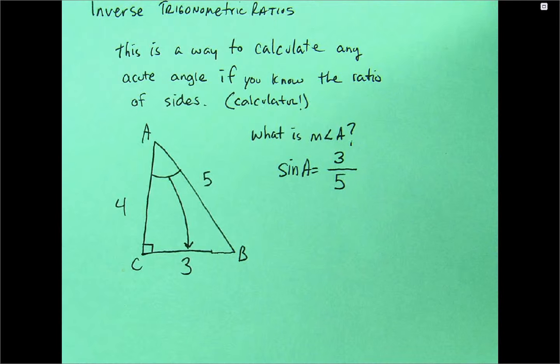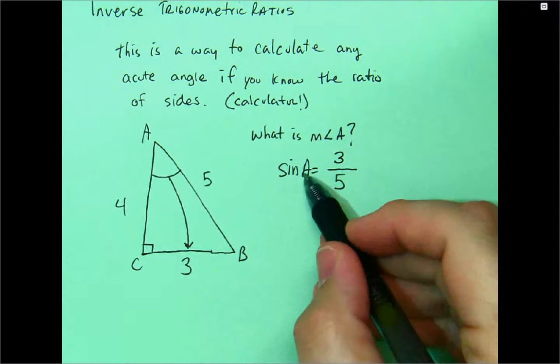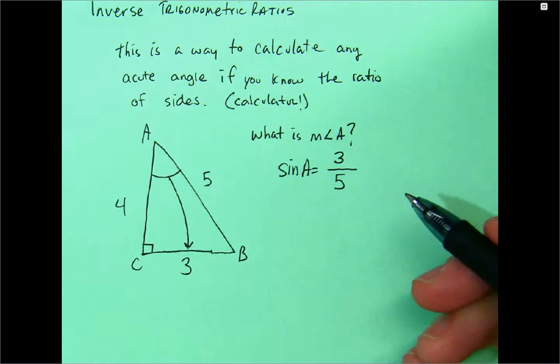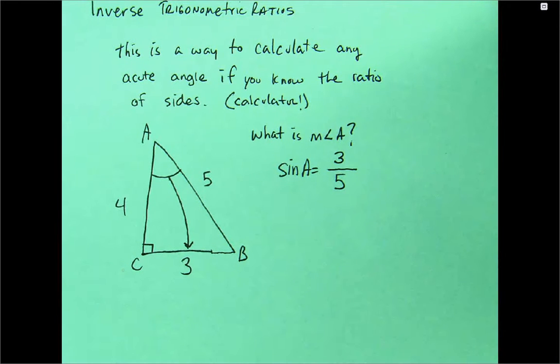Now, we want to get to angle A here. And we need to have what we call an inverse operation. Think of adding. What's the opposite operation of adding? Subtracting. If you add 2 and then subtract 2, you're right where you started from.